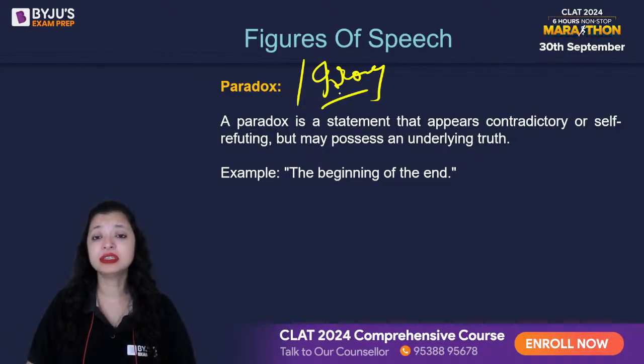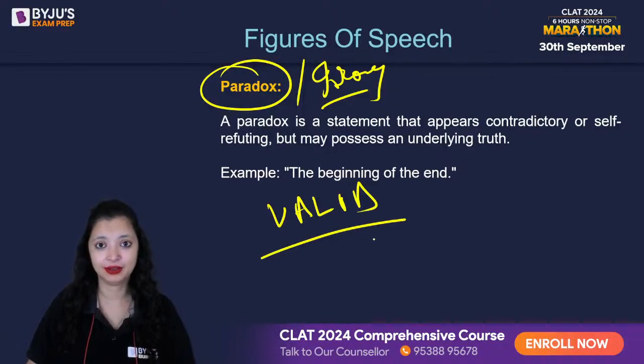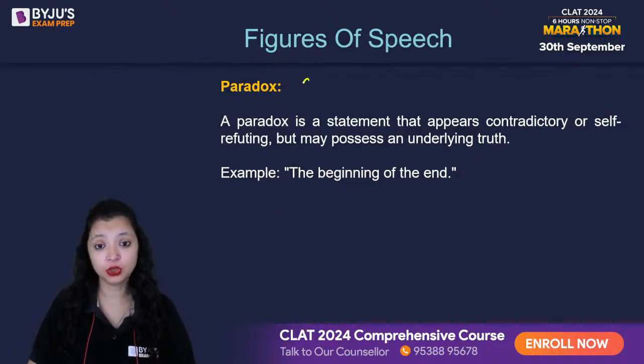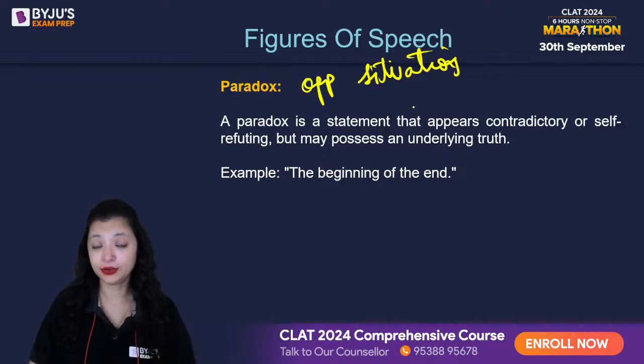And there's no reason why it happened. But in paradox, you have a valid reasoning as to why these contradictory, these opposite situations can exist together. So in paradox you have opposite situations, like irony.